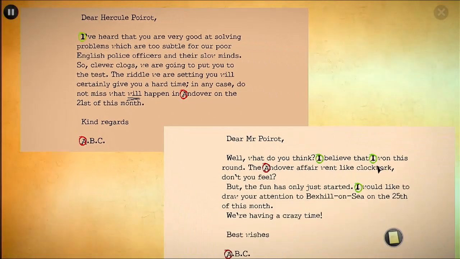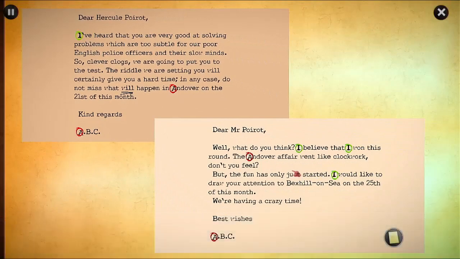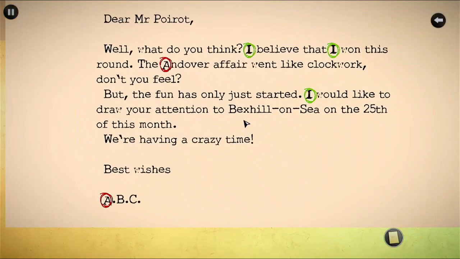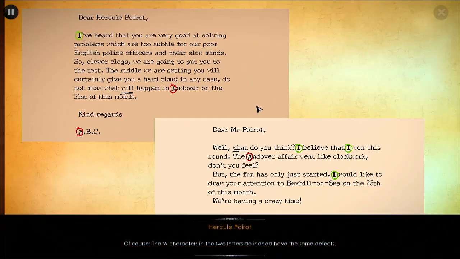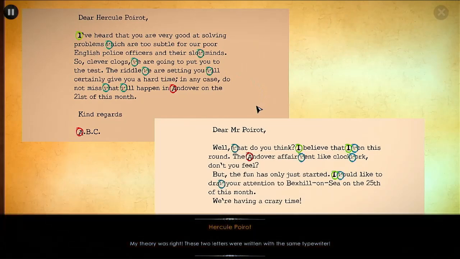Let us compare this with the other letter. Is there a lower W on here? Oh, there we go. The W characters in the two letters do indeed have the same defects. My theory was right. These two letters were written with the same typewriter.